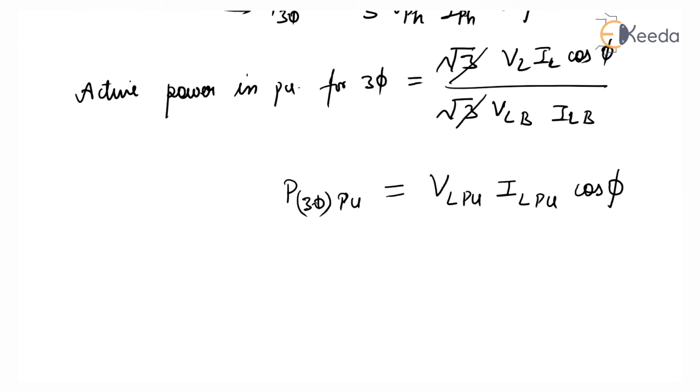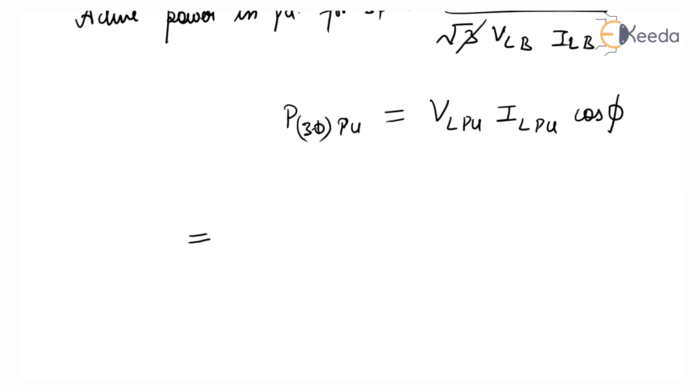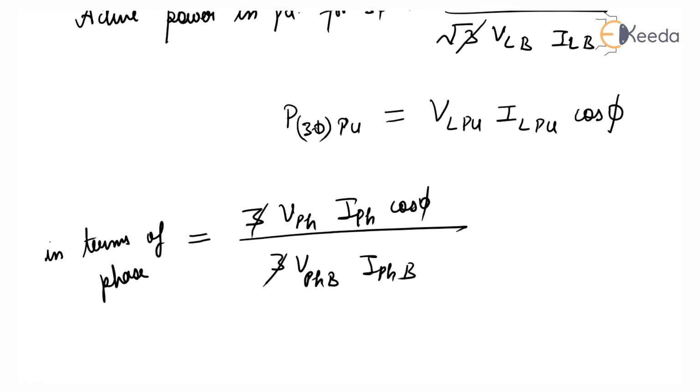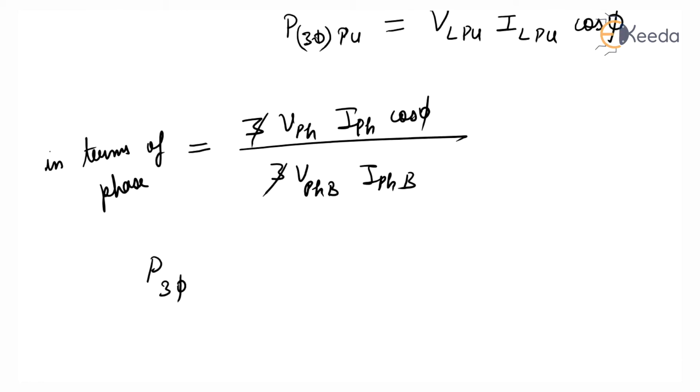And in terms of phase, it is 3 VPH IPH cos phi upon 3 VPH base IPH base. This 3 cancels out, so active power in per unit for three phase is equal to VPH per unit, IPH per unit, cos phi.